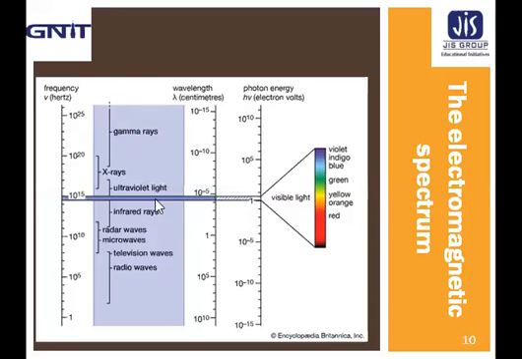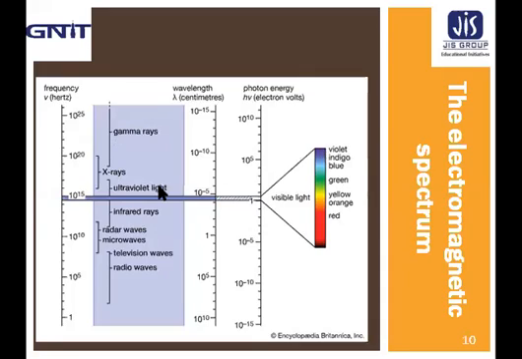The electromagnetic spectrum comprises the span of all electromagnetic radiation and consists of many sub-ranges, commonly referred to as portions, such as visible light or ultraviolet radiation.